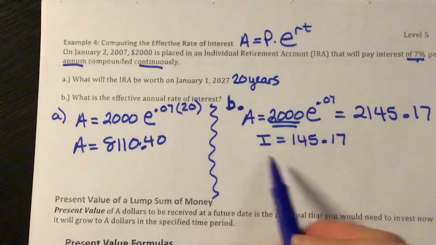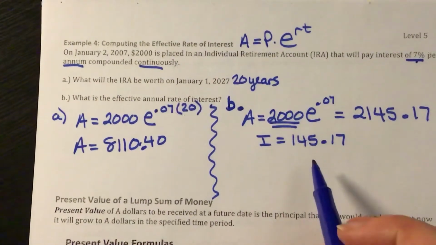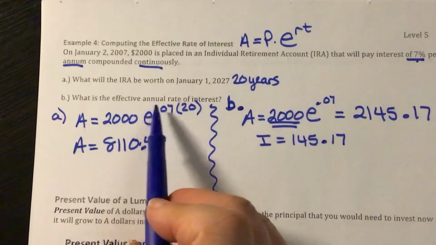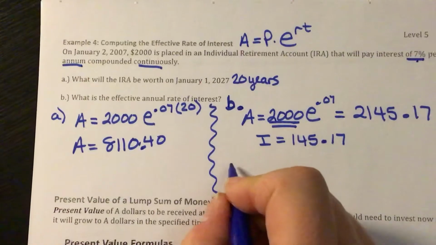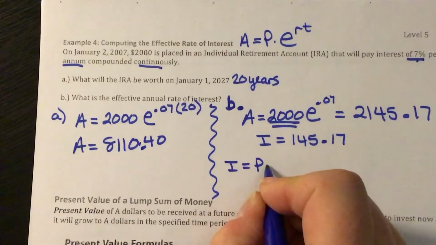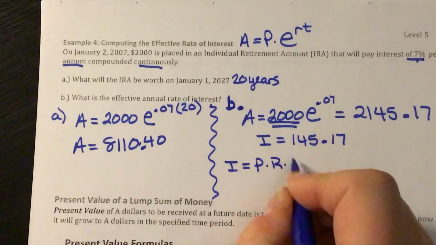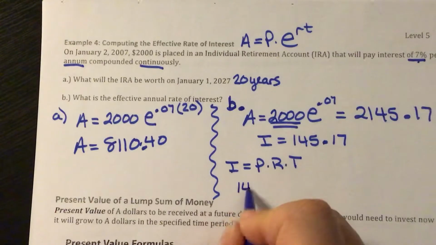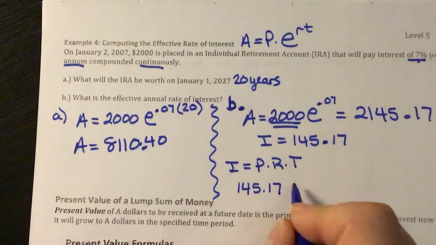Now, if I were to use my simple interest formula for this, we would find the effective annual rate. Remember that simple interest is I equals P, principal times rate times time. I know my interest was 145.17.